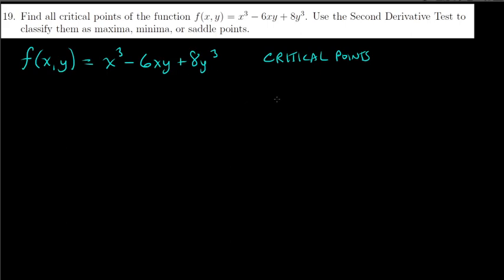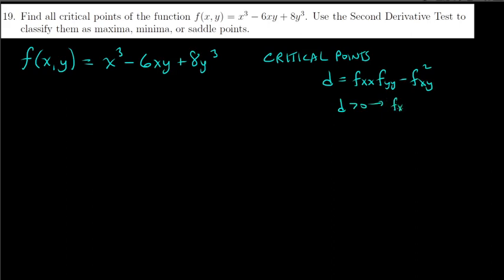Remember what the second derivative test says. We need to find D, which is this construction: fxx times fyy minus fxy squared. If D is positive, then we get a maximum or minimum.